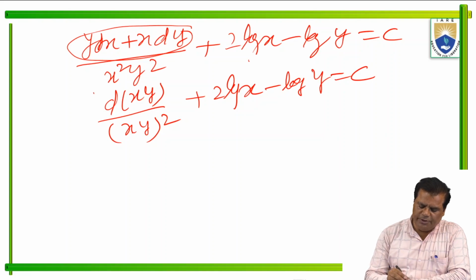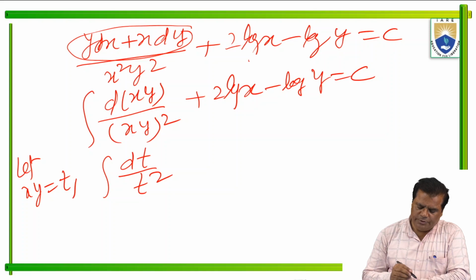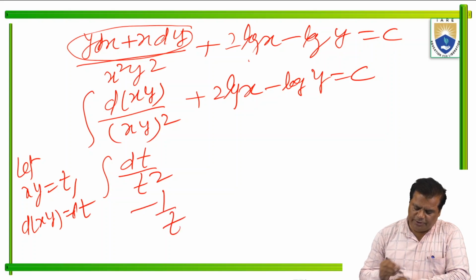Let xy equal to t, so d of xy is equal to dt. So dt upon t square integrates to minus 1 upon t.